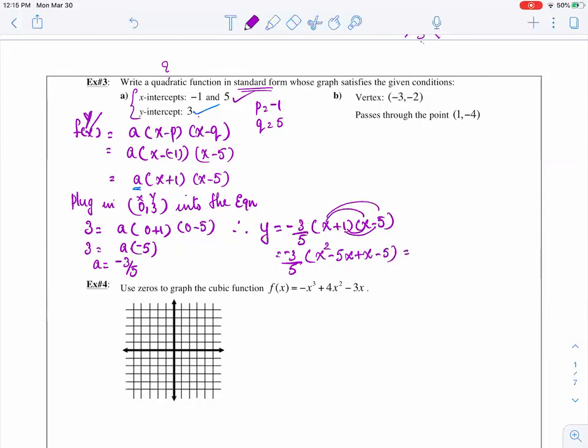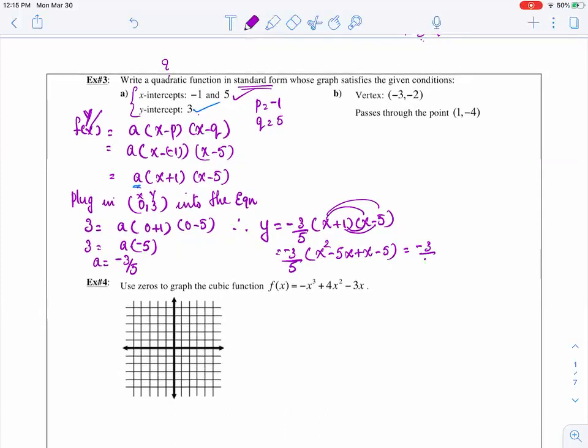We need to do a little bit of simplification: -3 over 5 times (x squared minus 4x minus 5). One more step, because we don't want to see the -3 over 5 sitting outside.